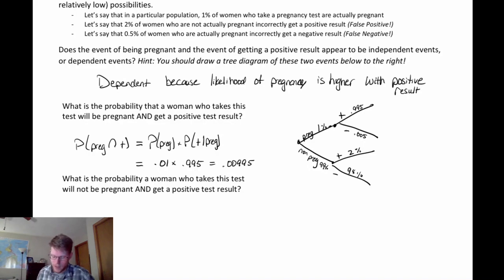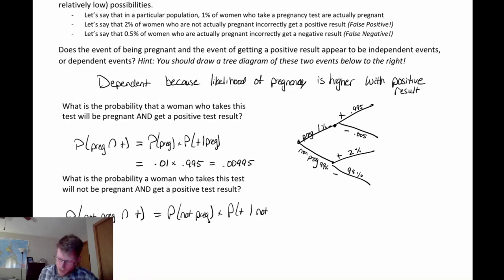Secondly, what is the probability that a woman who takes this test will not be pregnant and get a positive test result? Again, this is going to be a similar setup: not pregnant intersect positive is going to be the probability of not pregnant times positive given not pregnant.